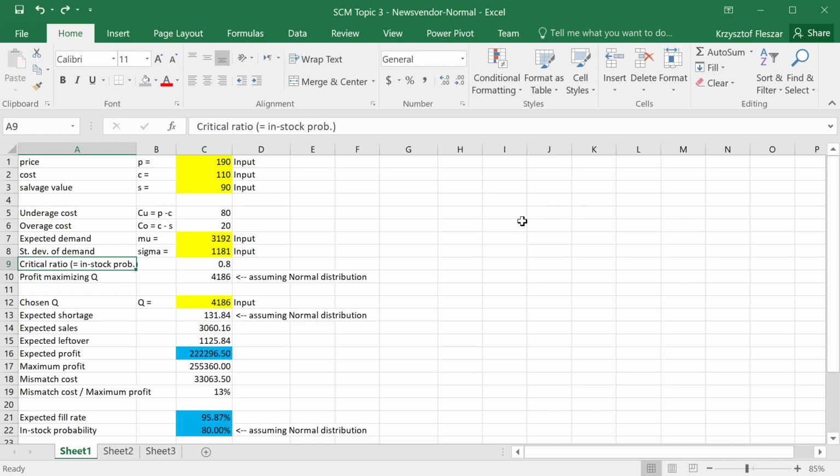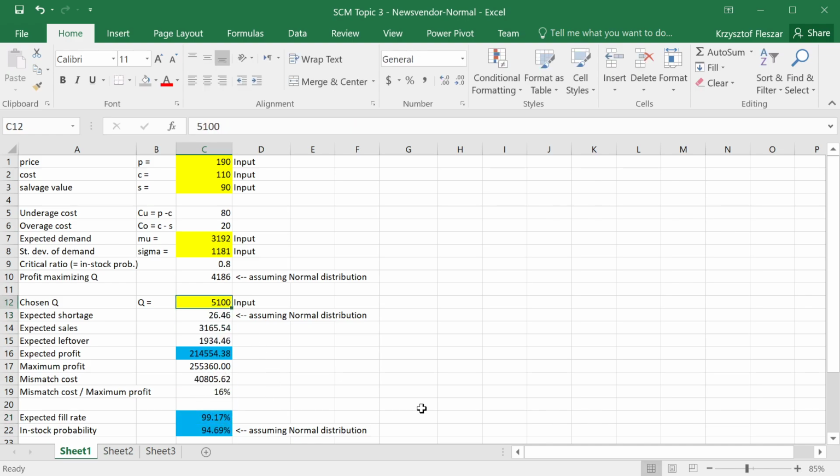What if, let me undo this, what if I want a 99% fill rate? Notice I already have a 95.87% fill rate with this quantity. So this is of course too low. I want 99% in this case. So I can try and increase. Let me try quantity 4,500. Well, it's 97 now. If I try maybe 5,000, it's almost there at 98.99%. If I try 5,100, it will be 99.17.